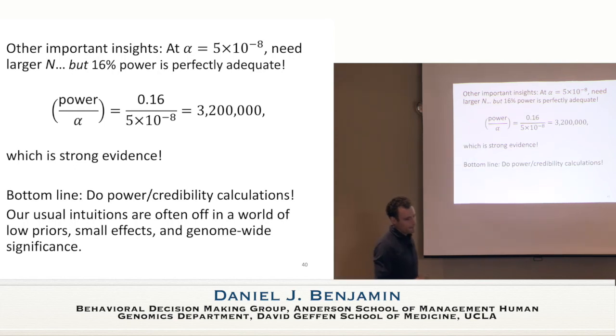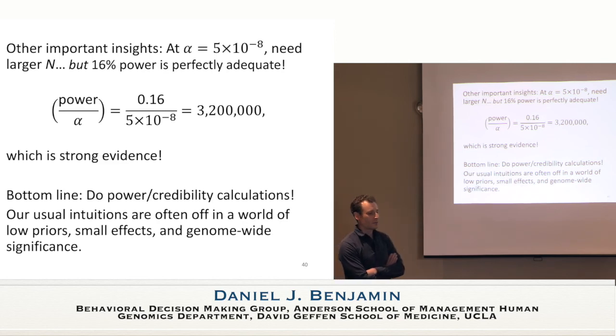Bottom line is that when we move into genetic association and gene discovery, we're moving into a world which is pretty different from the world we're used to in social science, where our priors tend to be reasonably high of finding effects, and effect sizes tend to be reasonably large, relative to genetics, where the effect sizes are tiny and the priors are tiny.